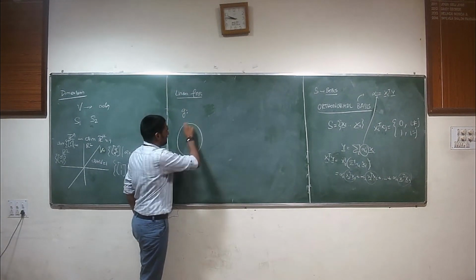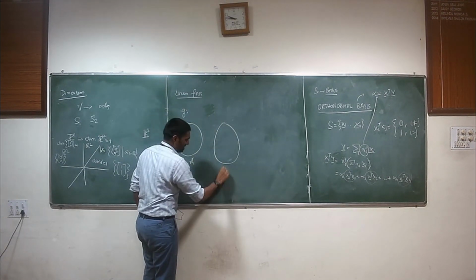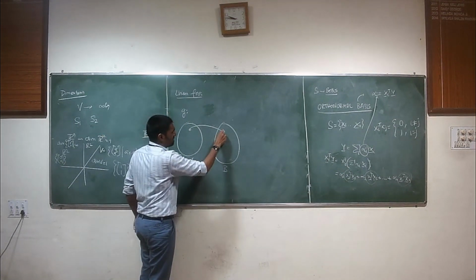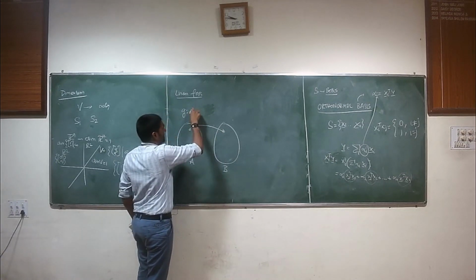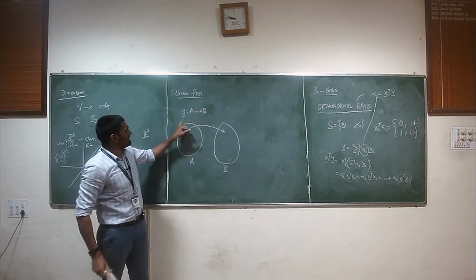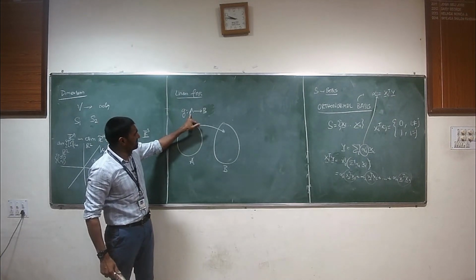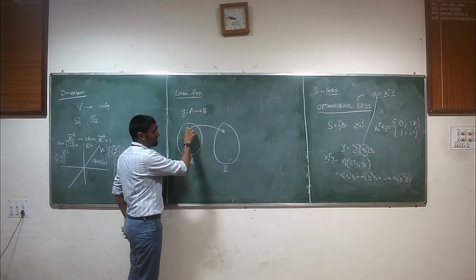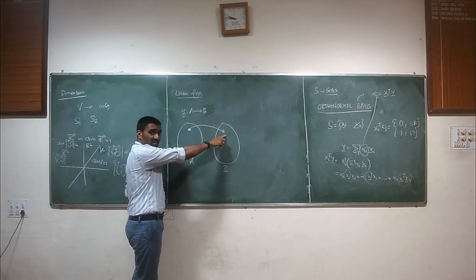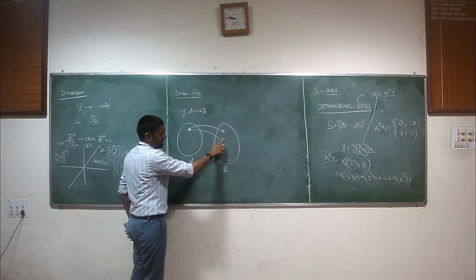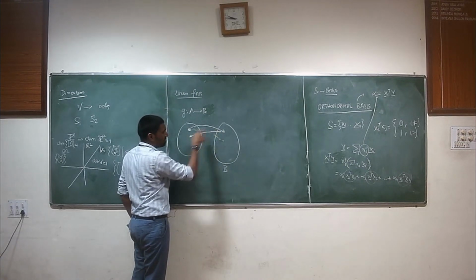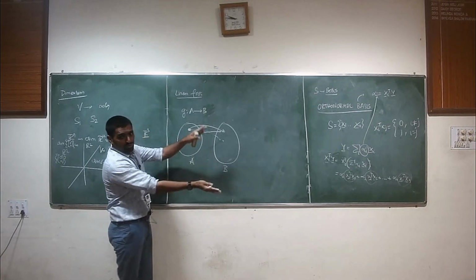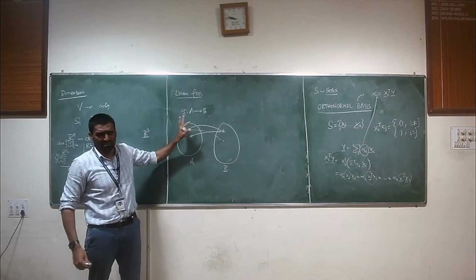If you have two sets A and B, it's simply a map from elements of A to elements of B. This simply means G is a function that maps elements from A to elements in B. The only restriction is every element here can only point to one element here. You cannot have two arrows. But two elements here can point to the same element here. What you cannot have is one element here giving you two elements there. That's the only restriction. Otherwise, that's the general idea.